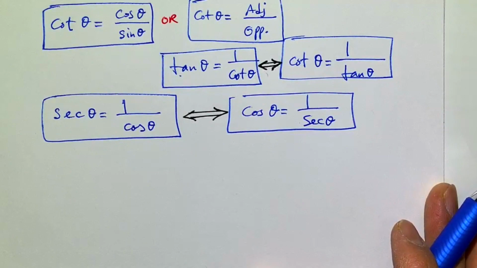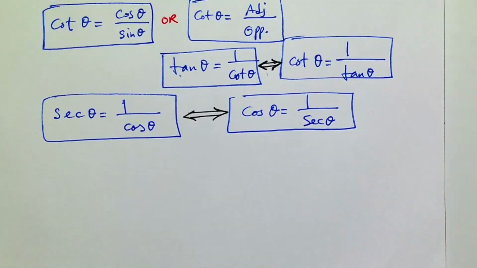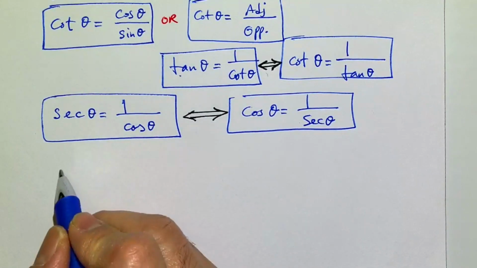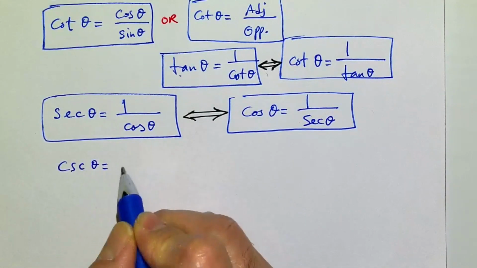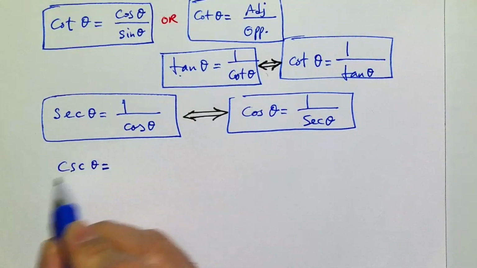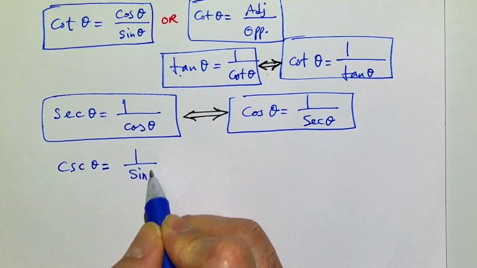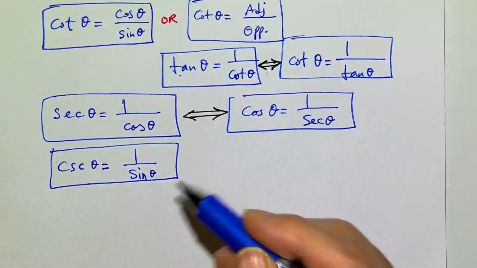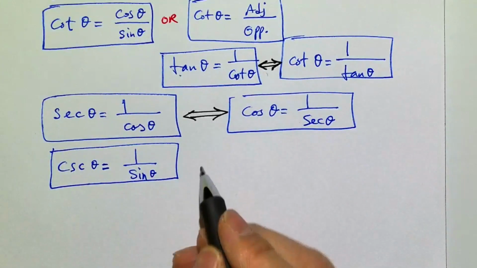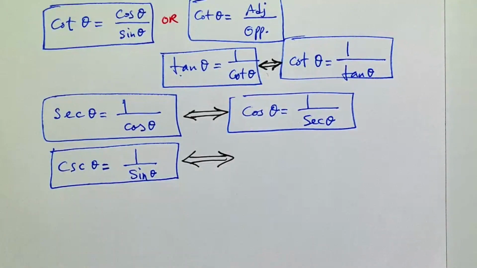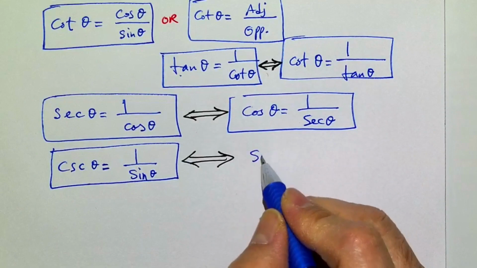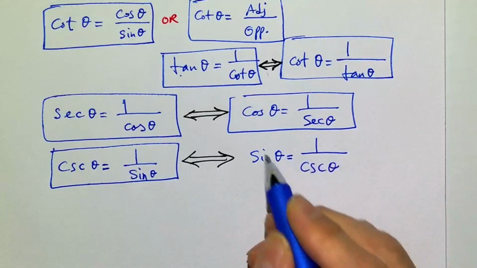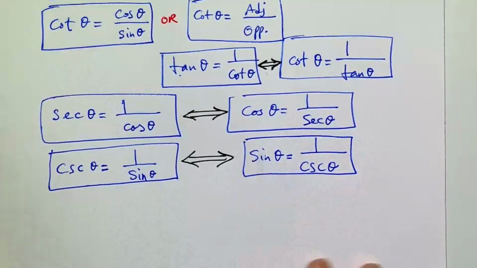The same relationship exists between cosecant of theta and sine of theta. Cosecant of theta is equal to 1 over sine of theta. So the cosecant function is the reciprocal of the sine function. By the same token, the sine function is the reciprocal of the cosecant function. Okay?